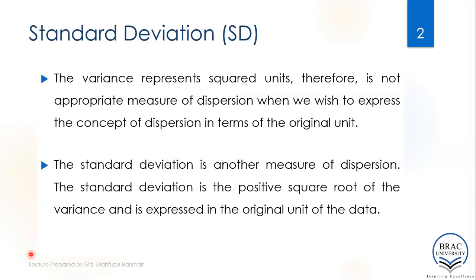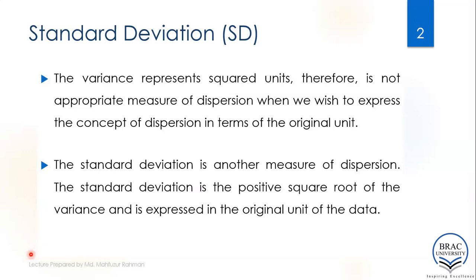In the previous lesson, we learned about variance and how to calculate it. But there is a problem. When you get the output, we get squared units, and variance represents squared units and is not an appropriate measure of dispersion when we wish to express the concept of dispersion in terms of the original unit.